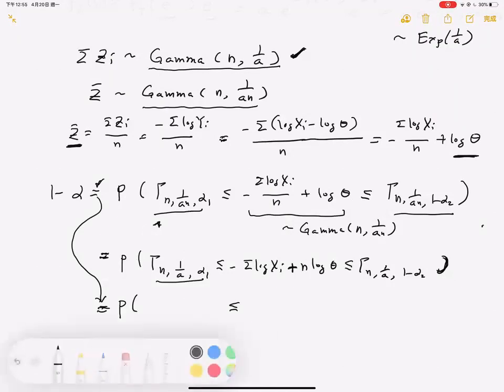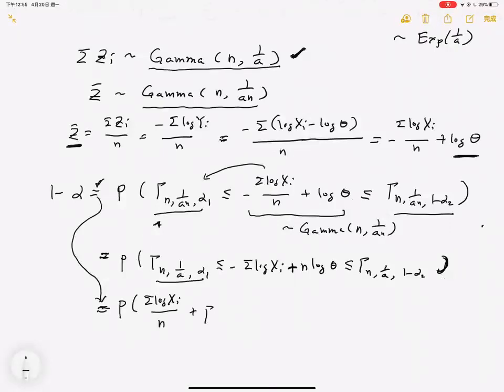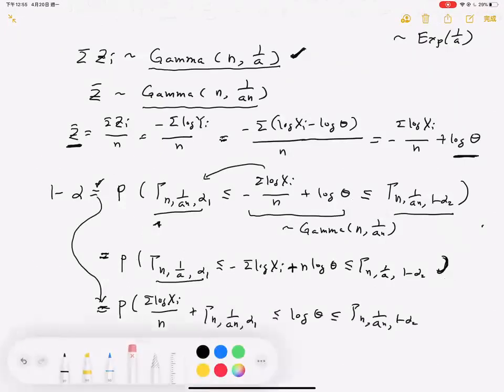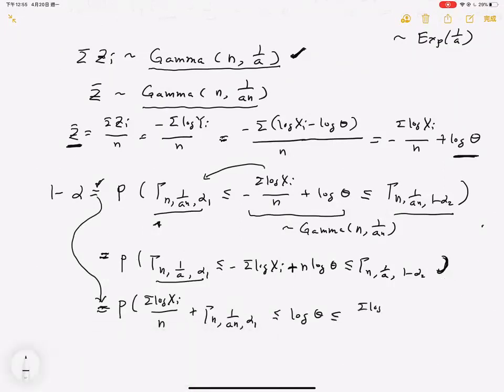So I would write n summation log xi move to left hand side, then plus gamma n 1 over a n alpha 1, then smaller than log theta, bigger than n 1 over a n 1 minus alpha 2, then plus as well. Okay, writing too quick. So summation log xi divided by n, then plus gamma n 1 over a n 1 minus alpha 2 would be.